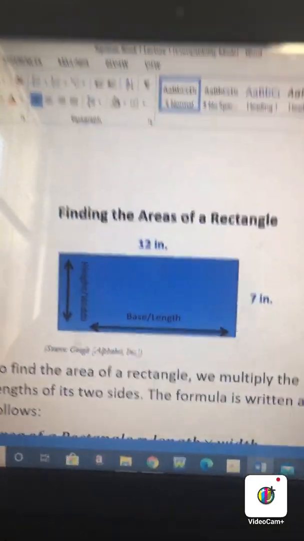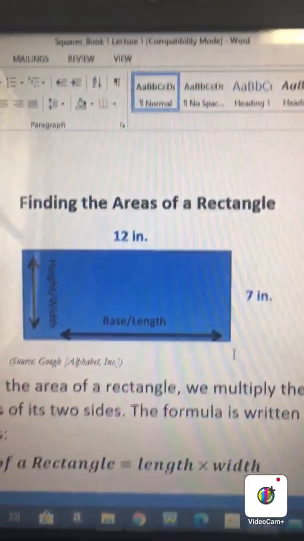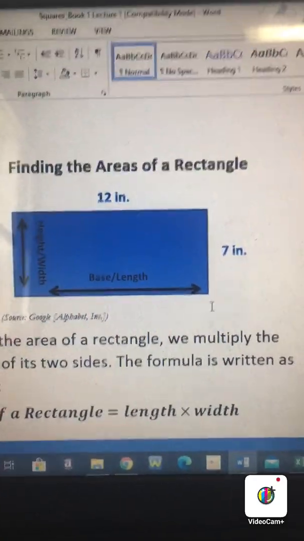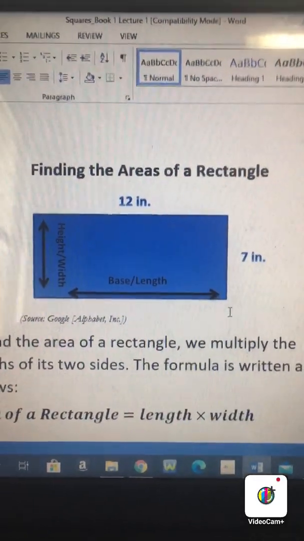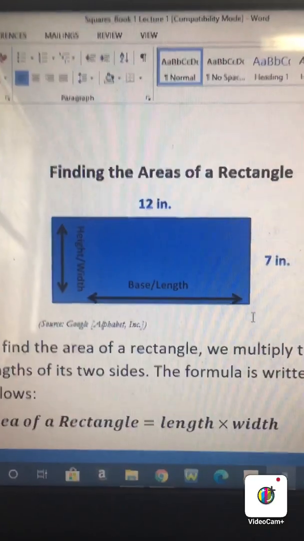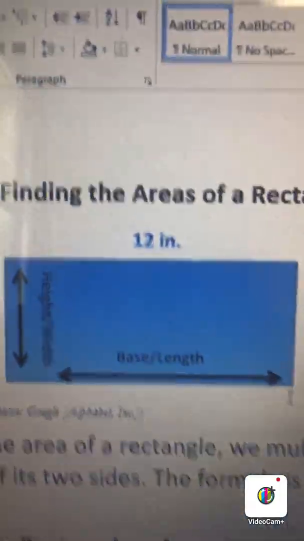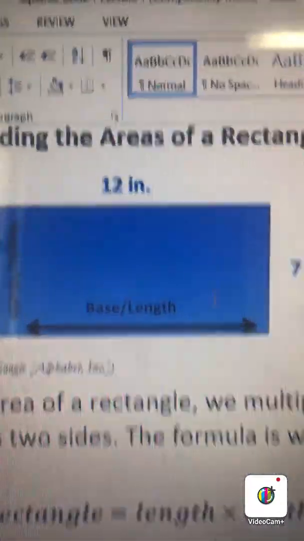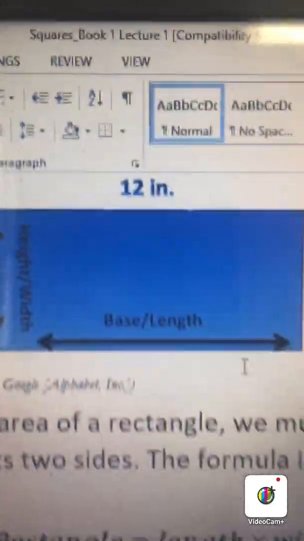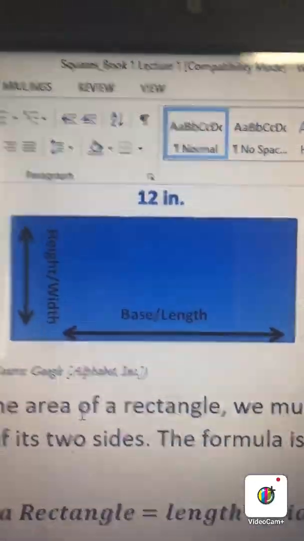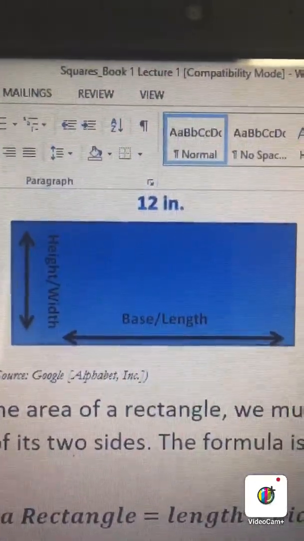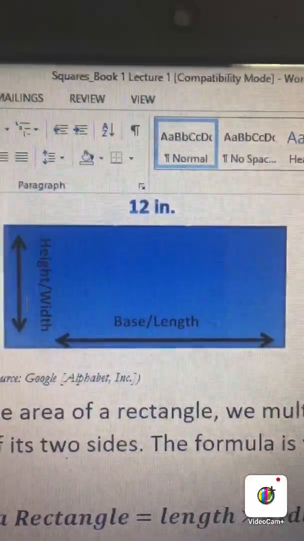Now, we can look at how to find the area of a rectangle. Now look at this rectangle we have here. When you look at it, you see that it has four sides. The left side, sometimes we call it the height or the width.